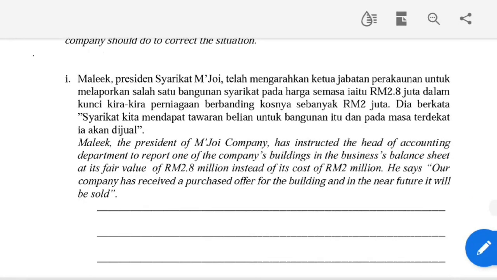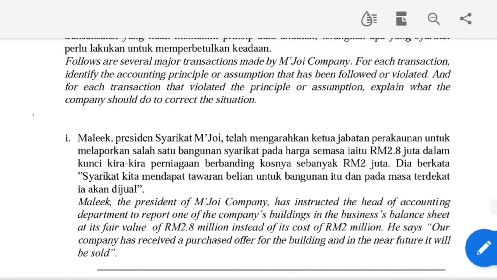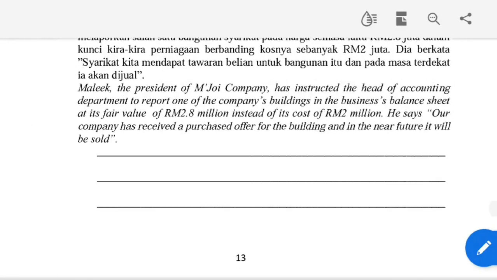So remember the question asks you, for each transaction that violated the principle or assumption, explain what the company should do to correct the situation. Okay, so this is the first scenario.